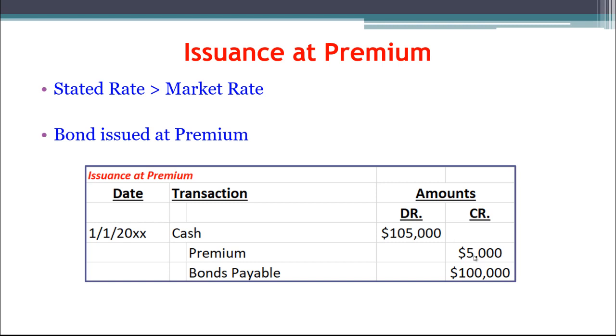The extra $5,000 here would go on the credit side to balance out, and that premium on bonds payable is what's used for that. That's known as an adjunct liability. That's the name of this account. It's the opposite of a discount. It's the opposite of a contra account. An adjunct adds to the liability in this case.